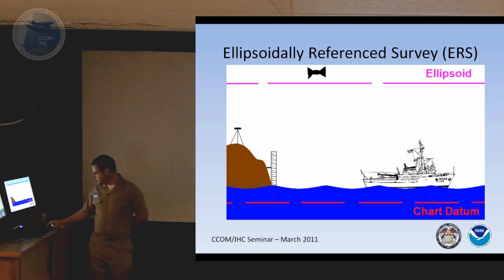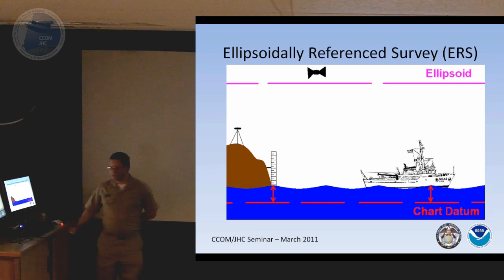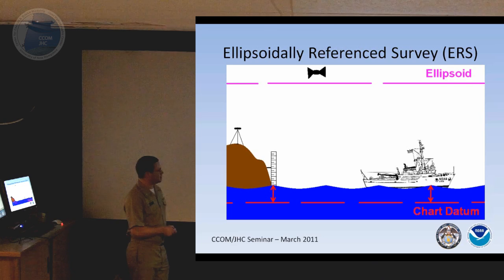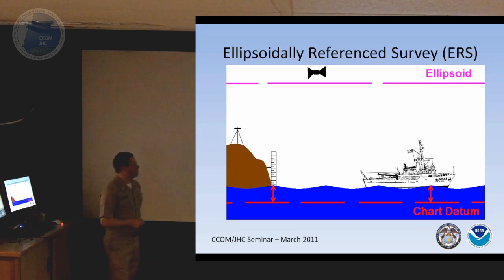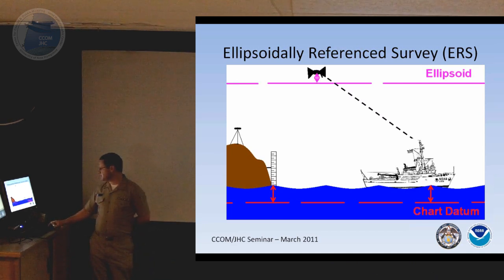So this is kind of what ERS looks like. We have our typical method here, where you have your tide gauge over here, have your chart datum, and then you have the location of the vessel, the water line in the vessel, and then that's located through the methods we just mentioned. But when you're surveying to the ellipsoid, you generally have some sort of a base station, and your satellite vehicles, which you then use to position the ship.